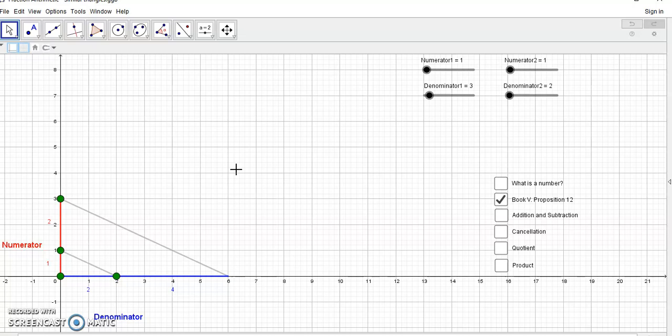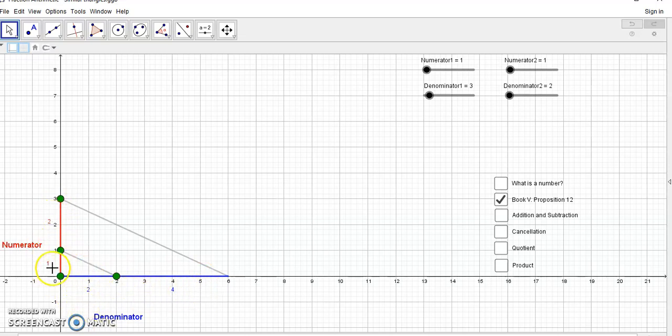And what it says is that if you have ratios that are in proportion, like let's say this red segment is in proportion to the blue segment, and this red segment is in proportion to this blue segment, then of course if you add them, they will also be in proportion to the totals. So this side here will be in proportion to this side here.